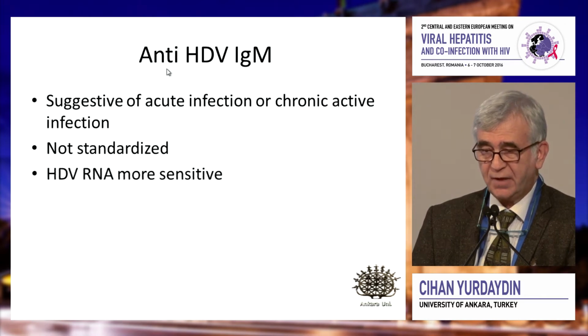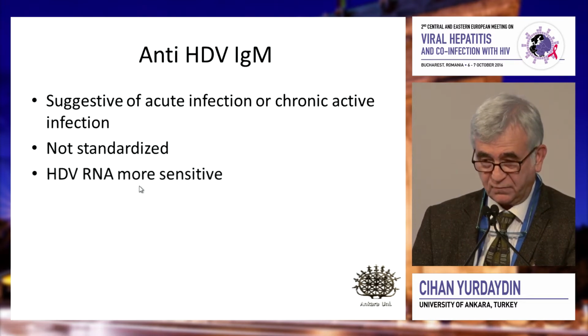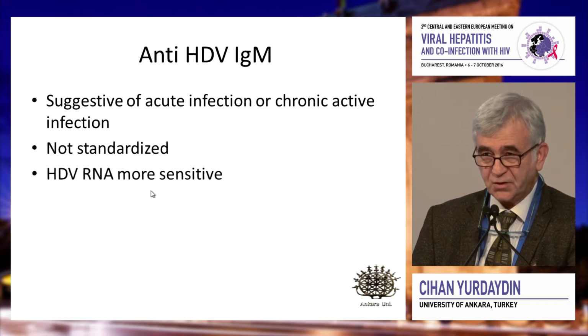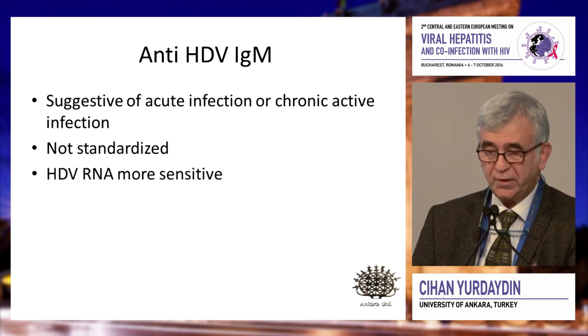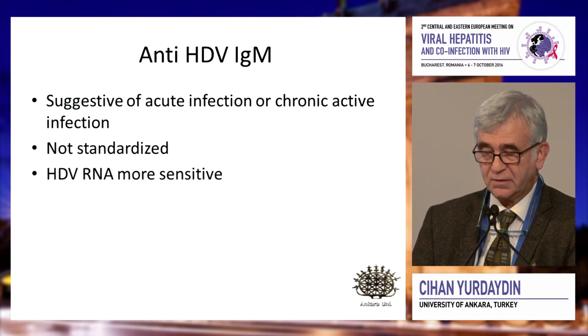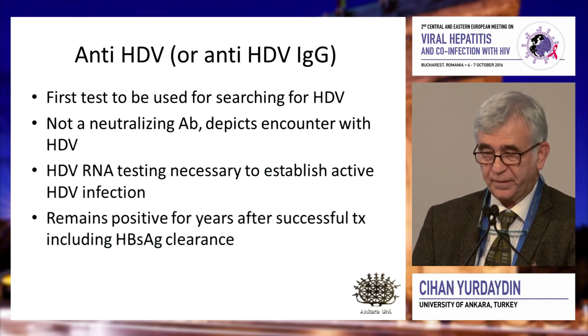But anti-HDV IgM overall is suggestive of acute infection or chronic active infection, but the issue is it's not standardized and HDV RNA is more sensitive. Therefore, anti-HDV IgM may be of use, but for study assessments, it's not enough.